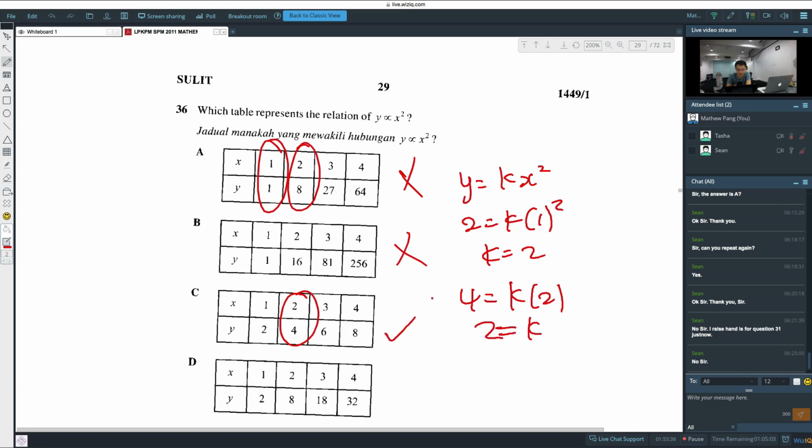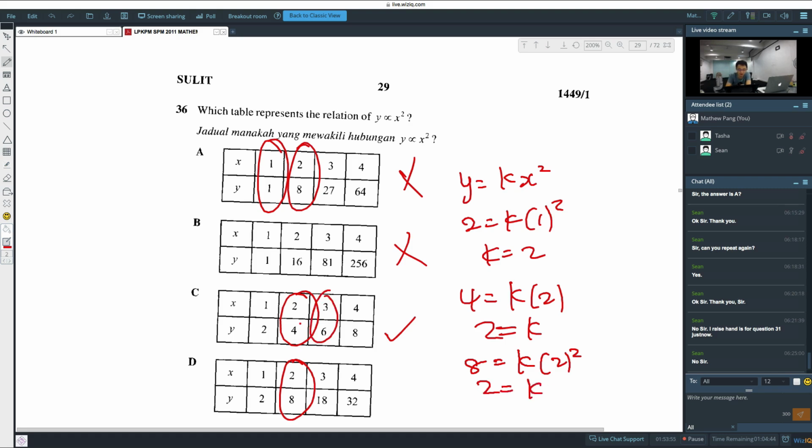So both also get 2, I guess this is correct. But let's try about this one. This one is the same, right? So in this case, k equals 2. I'm going to try this one. 8 equals k times 2 squared. This one, k equals 2 as well.